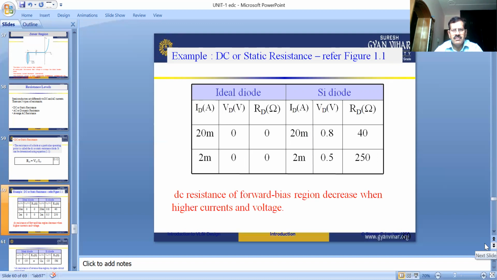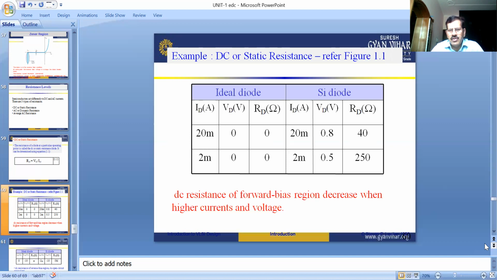What are some ideal values here for the ideal diode and silicon diode, the different values given here. The value of ID for the ideal diode is 20 and 2, VD 0, and the value of RD is 0.